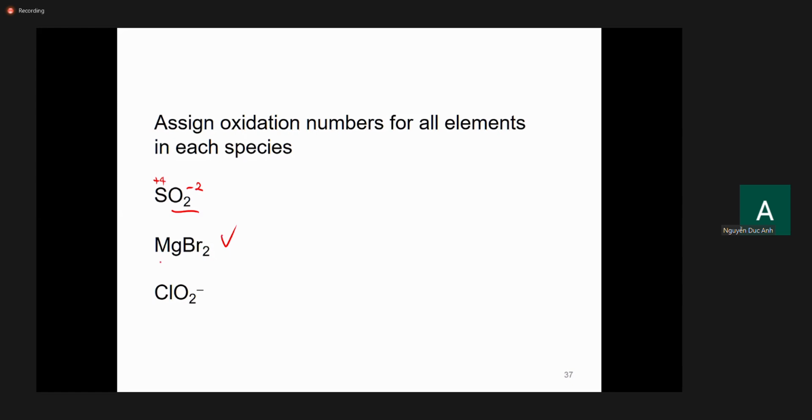For the case of the chlorite ion, sorry, now you will see the oxidation number of oxygen is -2.